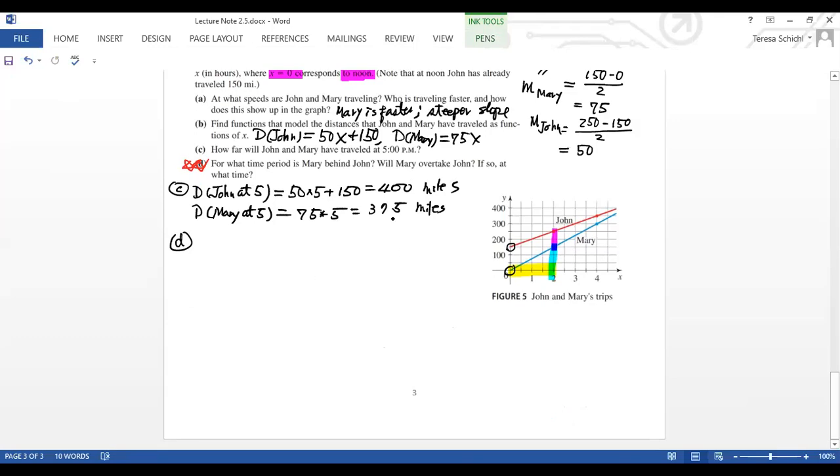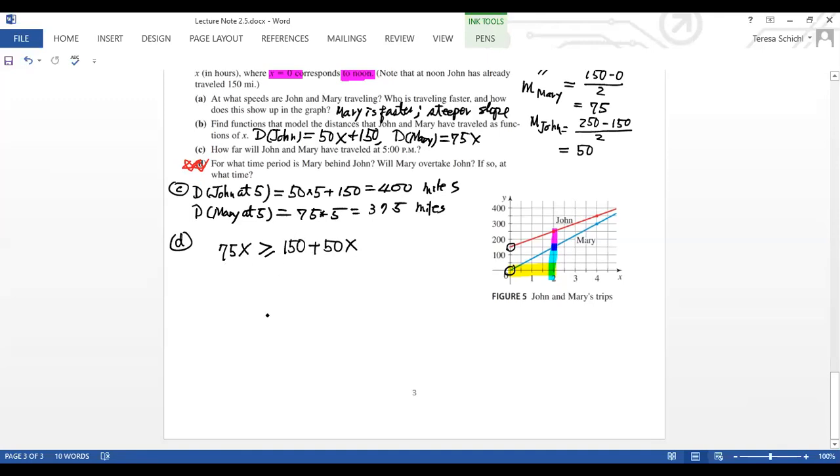So Mary is 75x, the distance of Mary. When Mary is going to pass John, 75x is going to be greater than 150 plus 50 times x. So how many hours until Mary bypasses John?